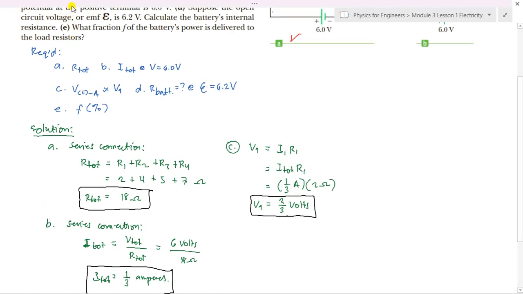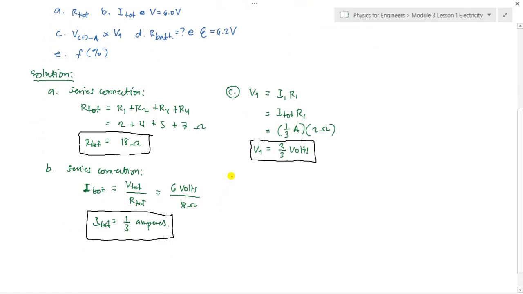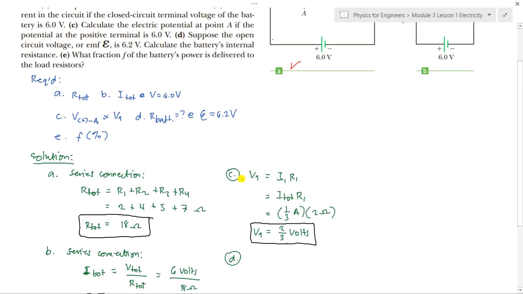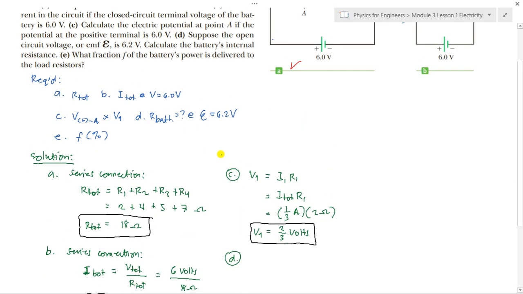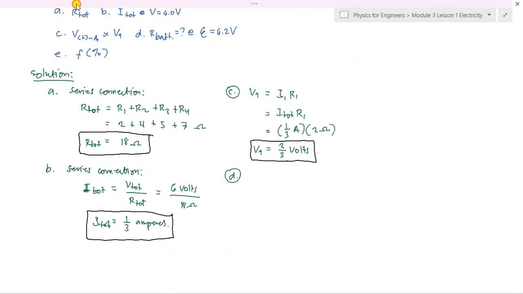Letter D. For letter D, what is the resistance of the battery if we have an open circuit with a source EMF of 6.2 volts? So here, ato i-treat nga kanang resistance ng battery. So here we can iterate the figure. So let's say this is our resistor. Kaning combined na niya, that is resistors 1 to 4, that is equal to 18 ohms.